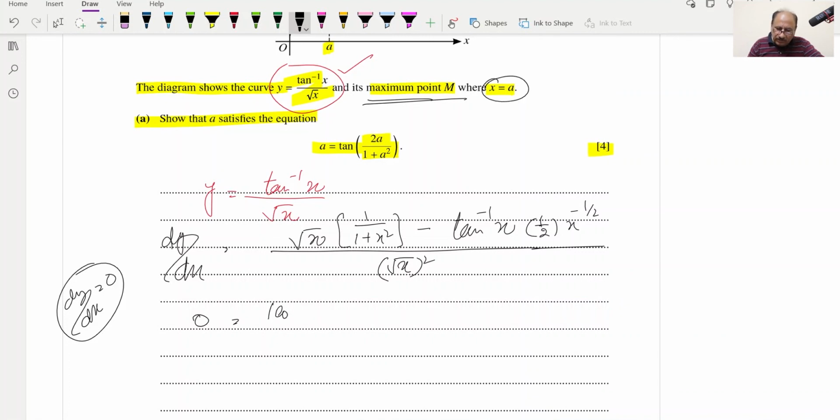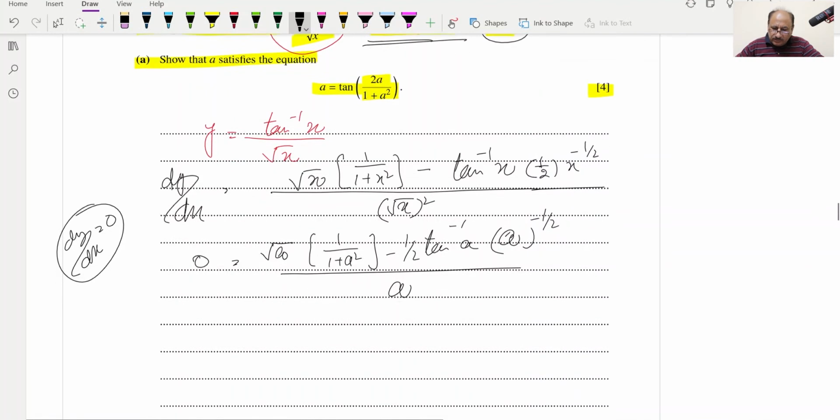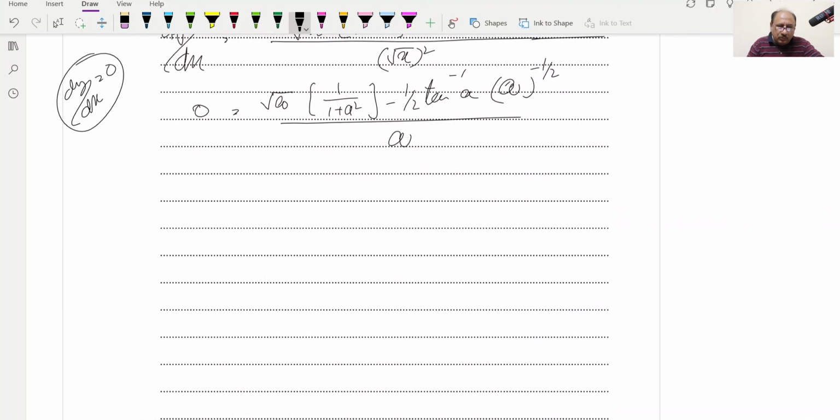So we can write a under root and 1 over 1 plus a squared and minus tan inverse of a, and 1 by 2 we can write over here, and this will be a raised to the power minus 1 by 2, and over this will be a under root squared, or you can just write a, and this a will be 0 when it will go to the other side, and the remaining equation will be what?